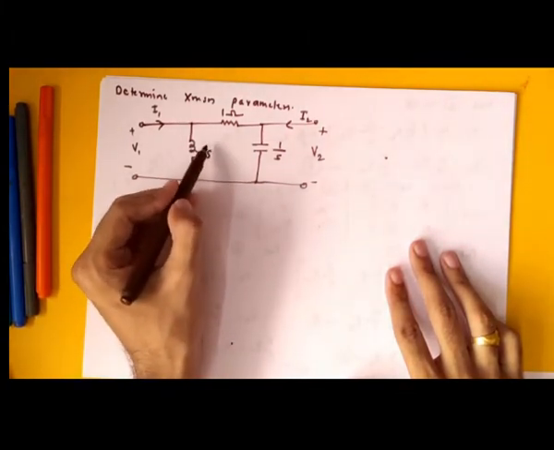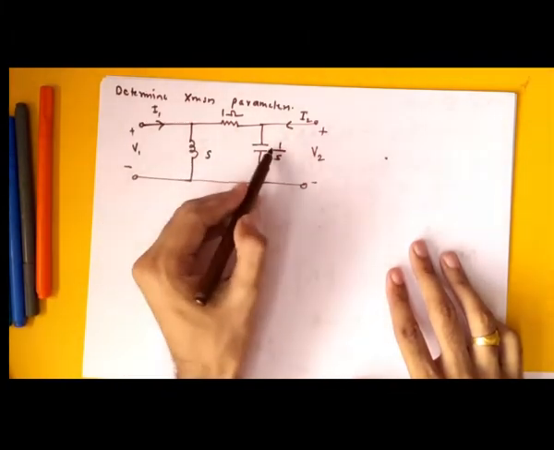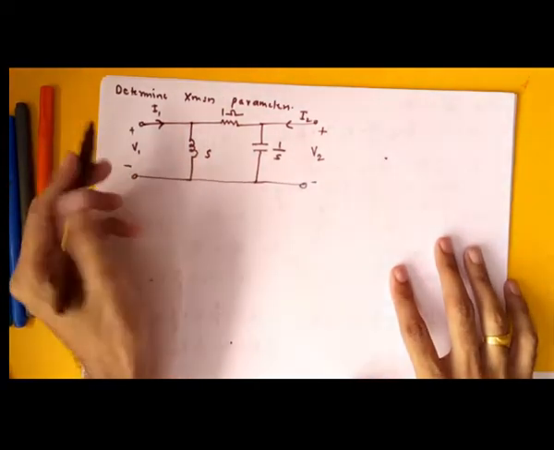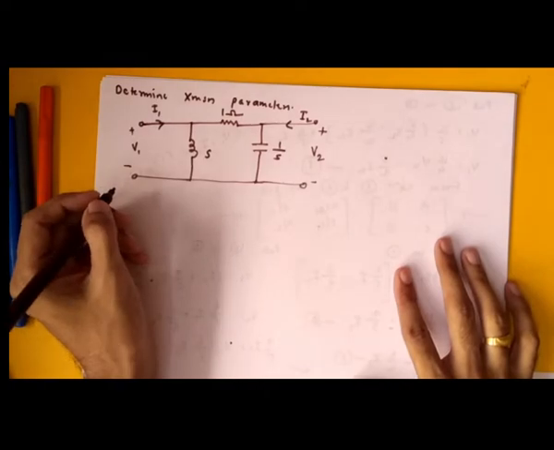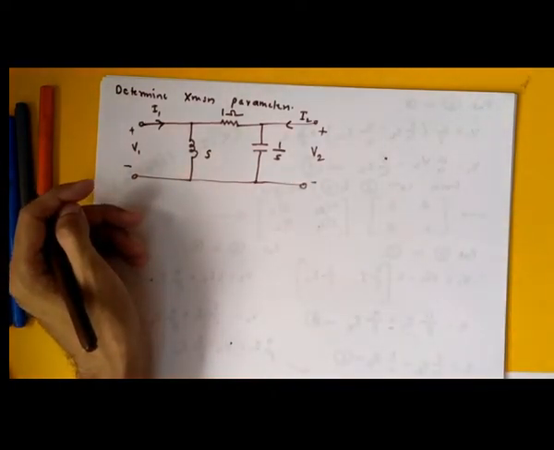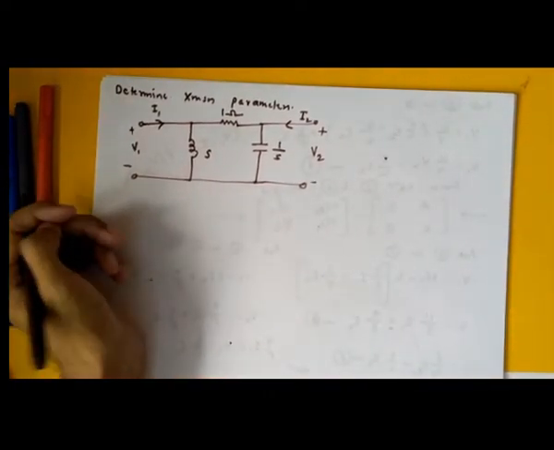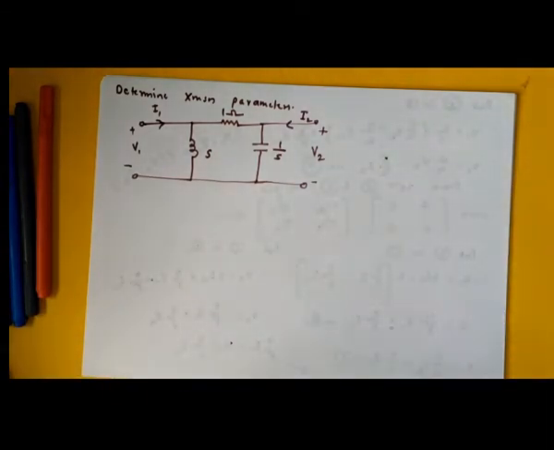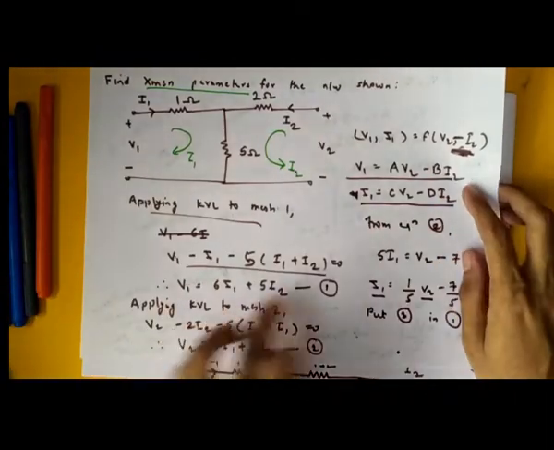So L becomes L into S. So if L is 1 Henry, S, then 1 by CS. So since C would be 1, so 1 by S. Right? So then what you can do? I am taking this particular sum because in the first sum, it was not tricky.